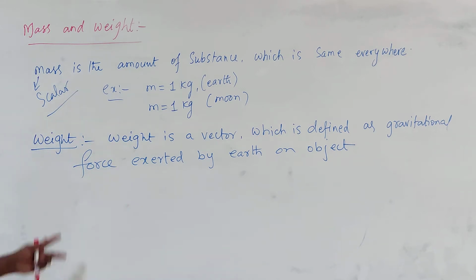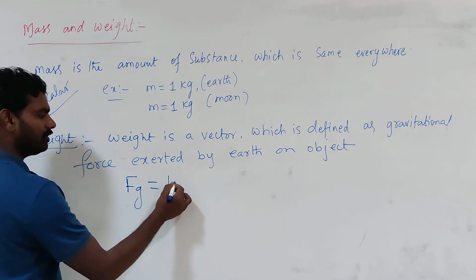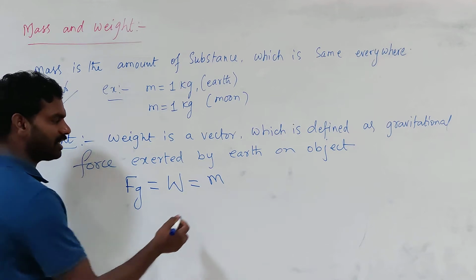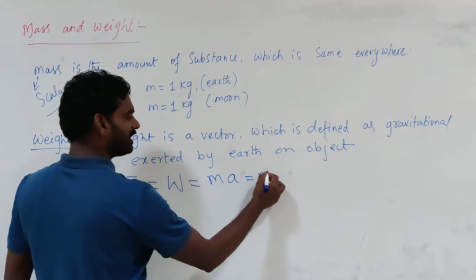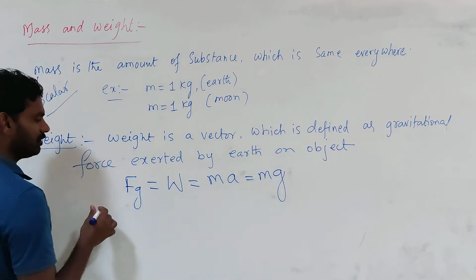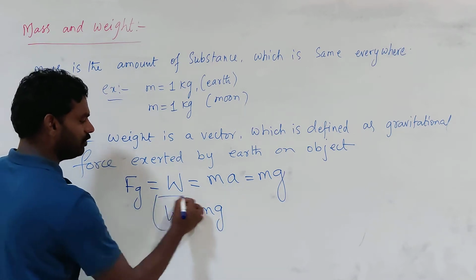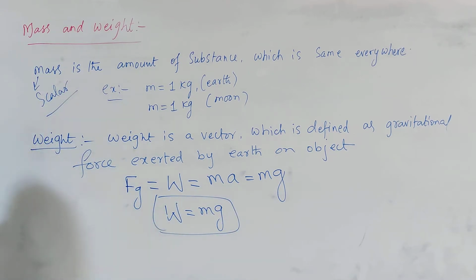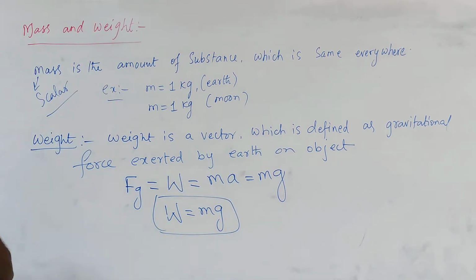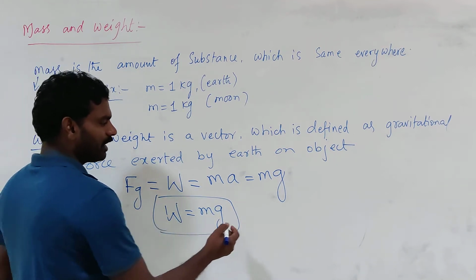The gravitational force is equal to the weight, as I discussed already. The weight of the object is nothing but mass times acceleration. Here the acceleration due to earth is nothing but the acceleration due to gravity. So simply weight equal to m into g. Weight is a vector quantity because weight is the force exerted by the earth on the object. So here weight equal to m into g.